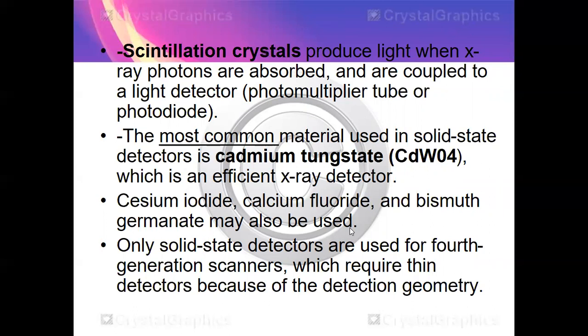So again, pinaka-common or the most common solid-state detector used in CT scan is cadmium tungstate. Pero meron din iba, they are using cesium iodide, calcium fluoride, and bismuth germanate. Pero yung pinaka-common nga sabi ko is cadmium tungstate. Only solid-state detectors are used for 4th gen and up to 7th generation. Okay?